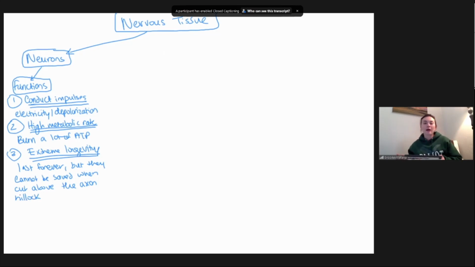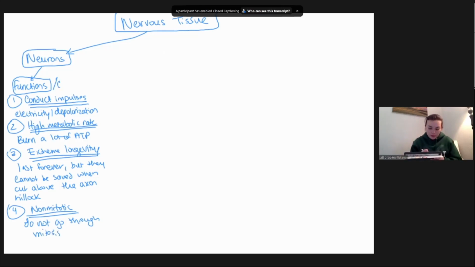A neuron kind of reminds me of that, because if you cut them above the axon hillock, like in the cell body, they can't regenerate. But if you cut them below, like just the axon, they actually can regenerate. So the cell body of the neuron is non-mitotic. So again, neurons do not go through mitosis. So those are your key functions and characteristics.